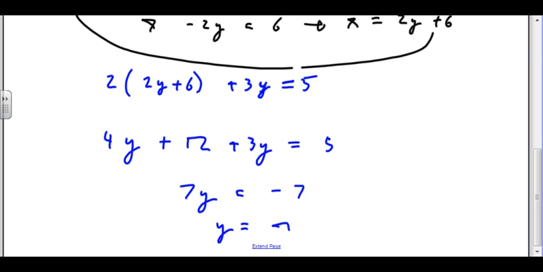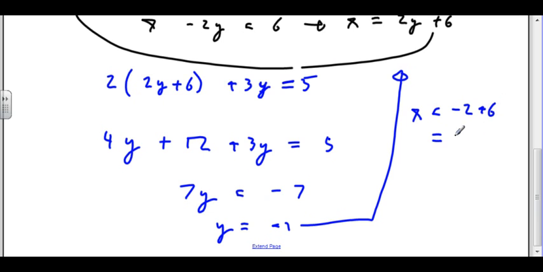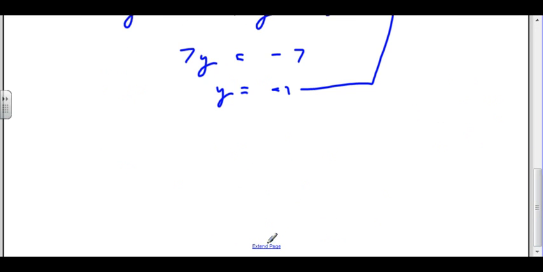Now that I know that y is equal to -1, I can plug that back into that equation and say x is -2 plus 6, which is 4, and I end up with a solution of 4 and -1, the same solution I had last time. 4, -1, final answer.